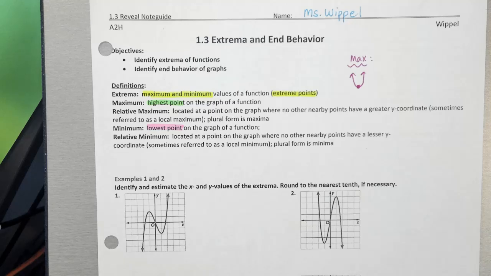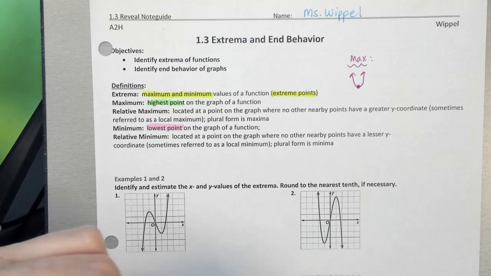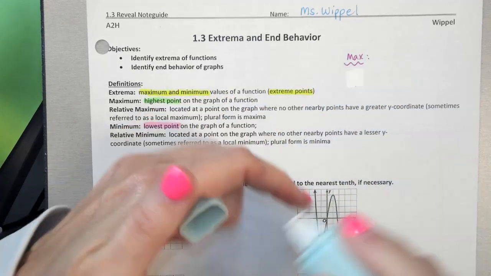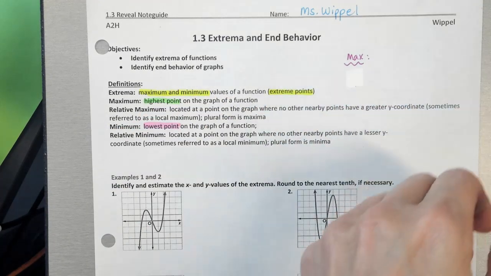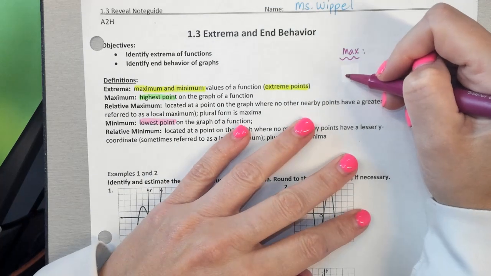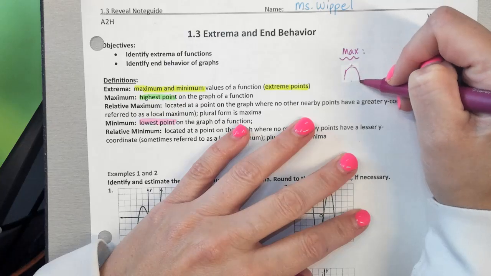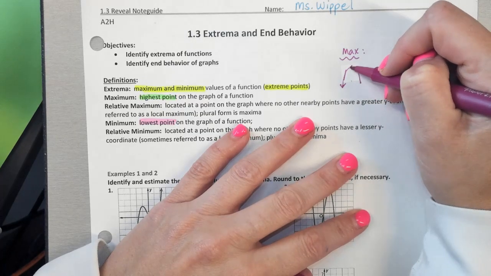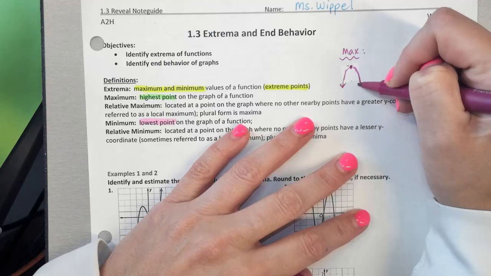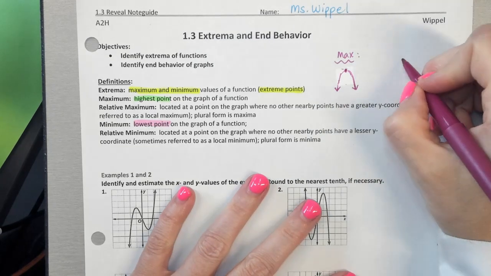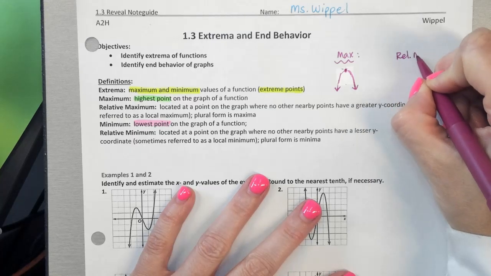Good thing Miss Whipple bought some cool white out this year. Okay, so the maximum is going to be like this. Okay, and then what's different about the relative max?